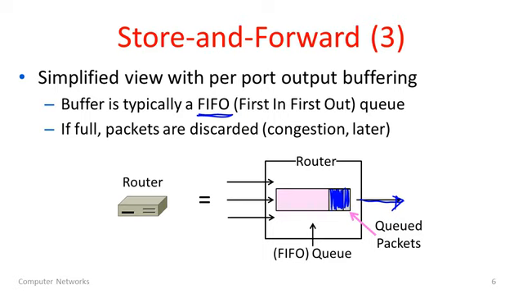If this buffer gets full, by the way, there's no space and another packet comes, that packet will be discarded, or there'll be some discard policy. A packet will be discarded. So you can see here an important implication of these switching elements with buffering, and that's that packets may be discarded under load. This is actually what we refer to as congestion, and we're going to study it in a lot of detail later on.